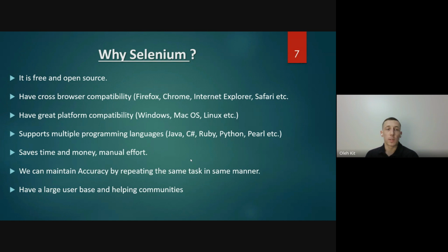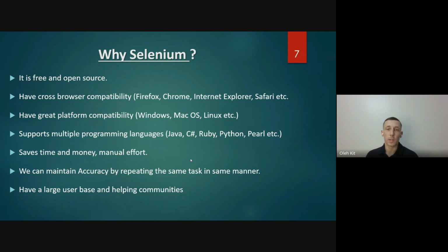One of the benefits is that it supports multiple programming languages. I think Selenium supports almost all programming languages, but there is a bit of a difference. Selenium supports JavaScript, but it's a bit shorter version than, for instance, Java or C# or Python.